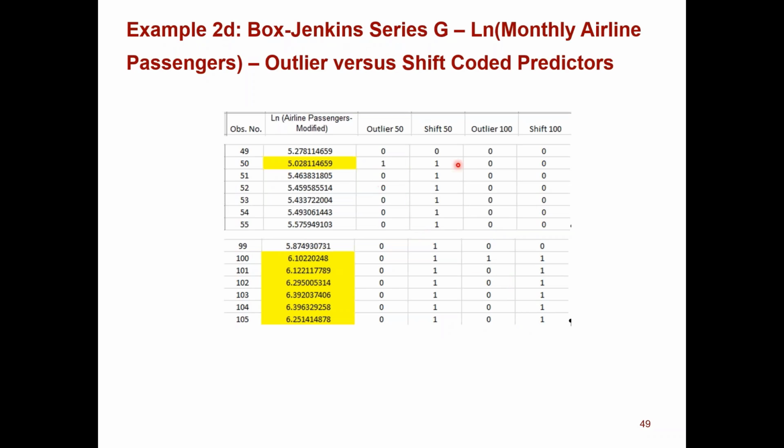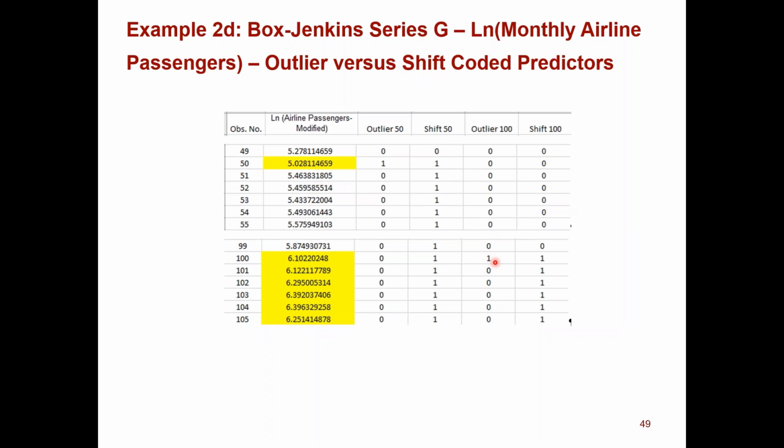So for the first example with ARIMA with predictors, what I did is I created 4 columns. These are dummy coded, and basically the first column is at the 50, that's a 1, and all the other values are 0. For the shift at 50, what I've done is the previous values are all 0, and then the following values are all 1.